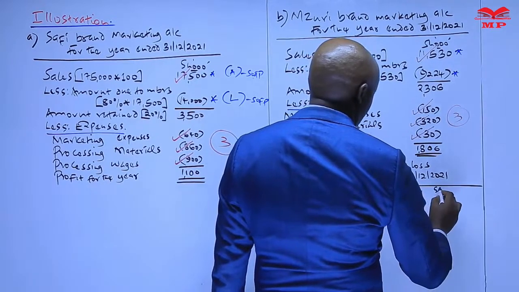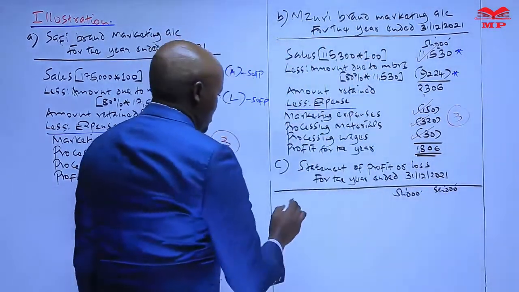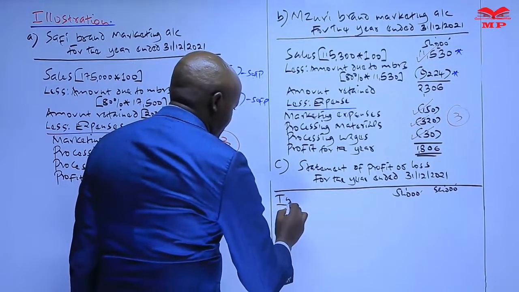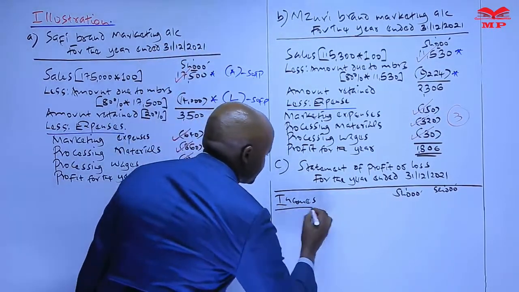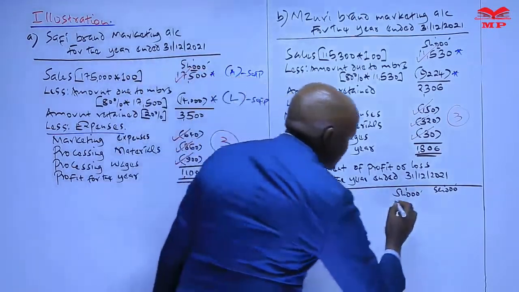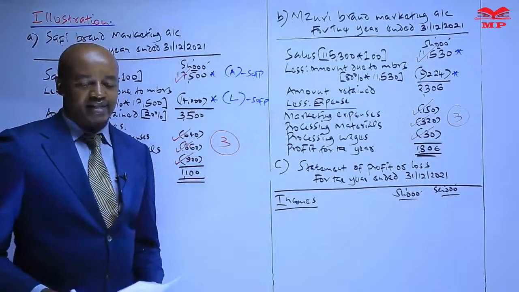So in this case, we need to have 2 columns. And we prepare these by comparing the incomes of a cooperative society with the expenses. Automatically we start with the incomes and then we less the expenses.